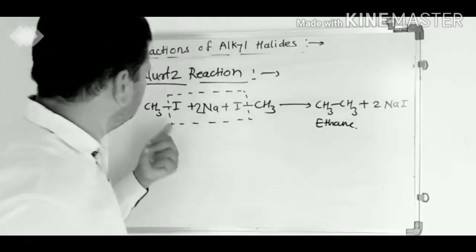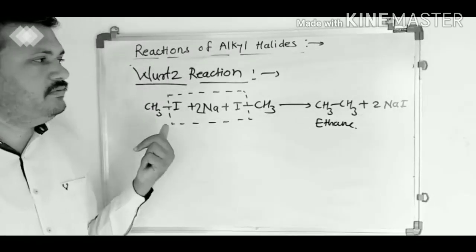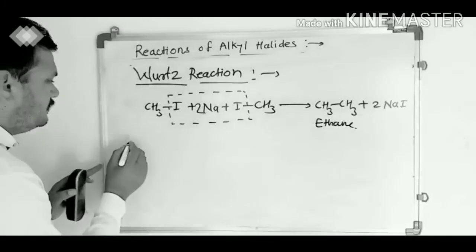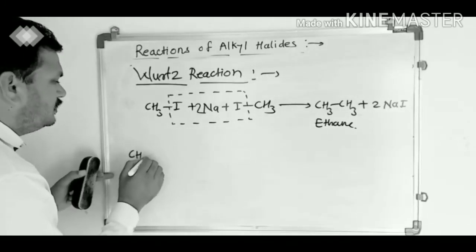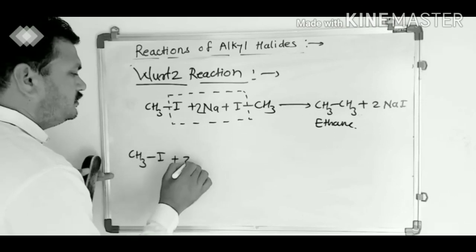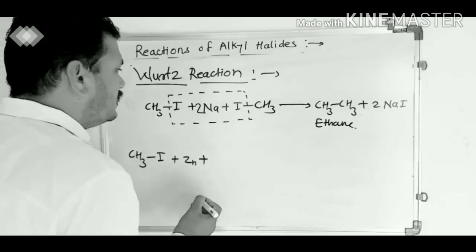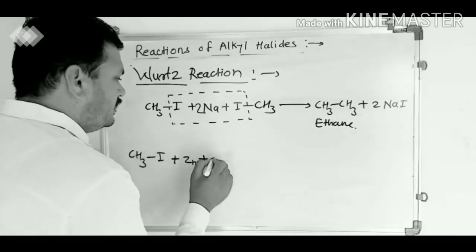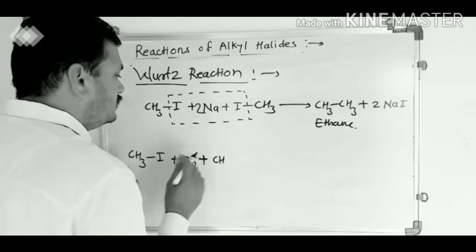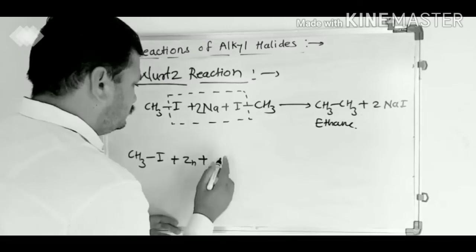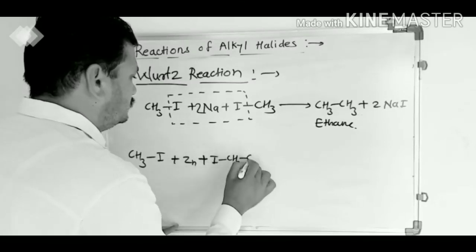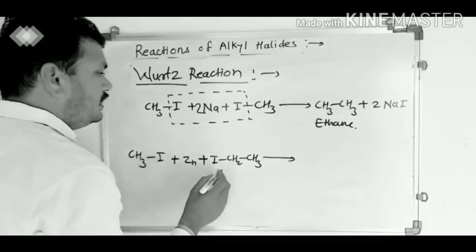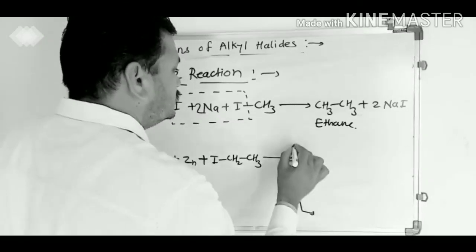We start with a single carbon alkyl halide, and we get a 2 carbon alkane, that means ethane. Same reaction, when we use 2 different alkyl halides, one methyl iodide and another ethyl iodide, then there are 3 possibilities of the product.